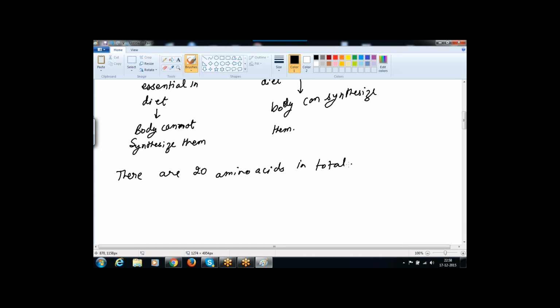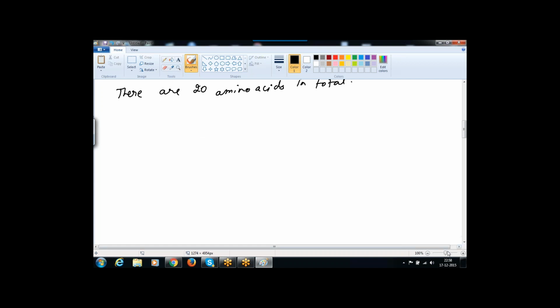And they arrange and align themselves in different sequences to form so many different types of proteins. So all the proteins just differ in different arrangement of these amino acids, nothing else.